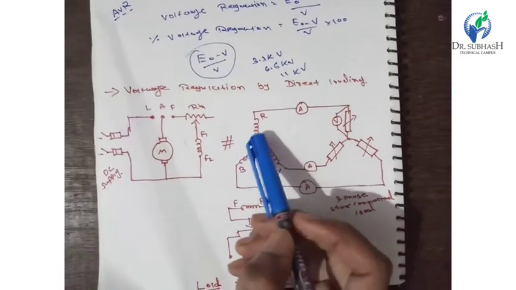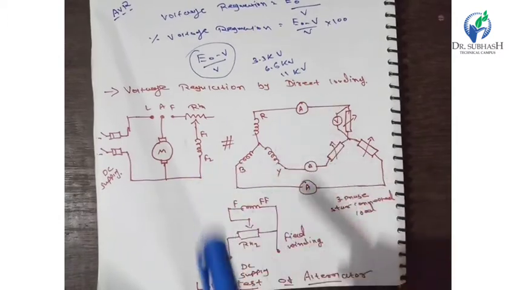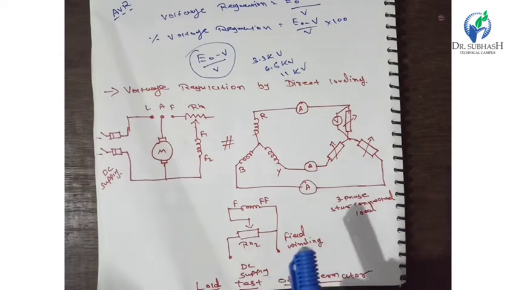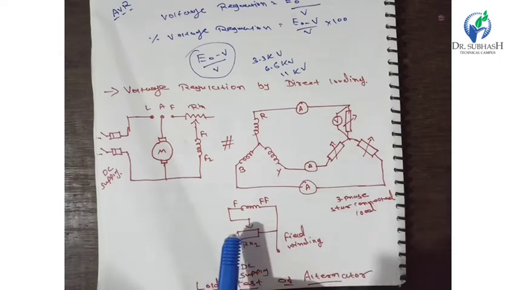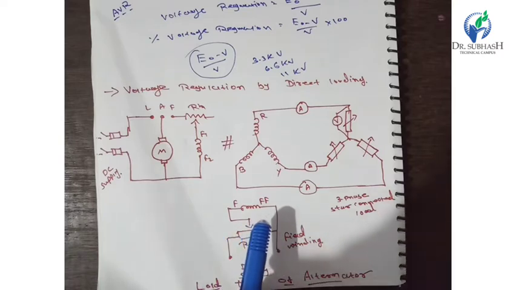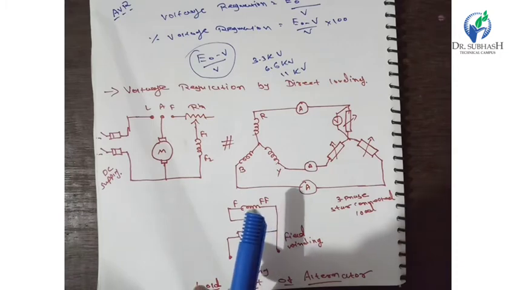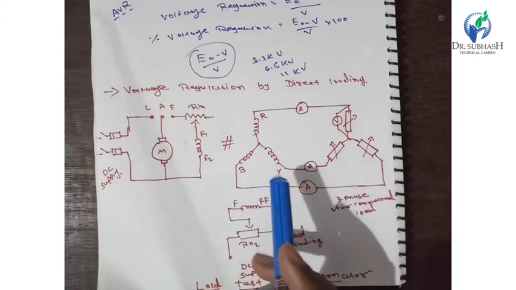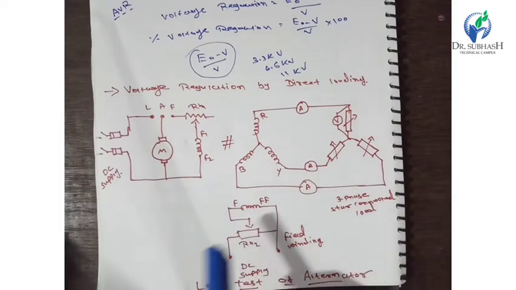In this test, the load test circuit has the DC supply and alternator connected in various parts. In the case of a small capacity alternator, the voltage regulation is found by directly loading the alternator. The experimental process of loading the alternator and finding the voltage regulation and efficiency is drawn in this circuit diagram.